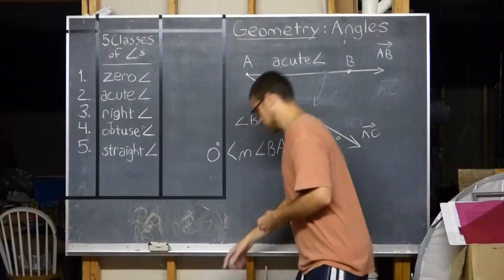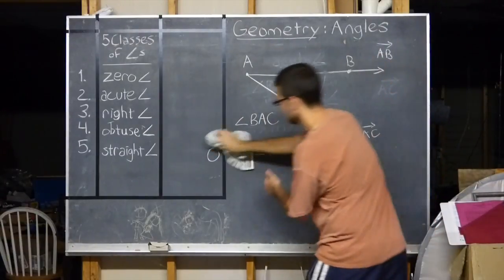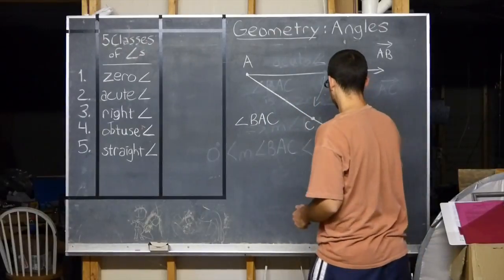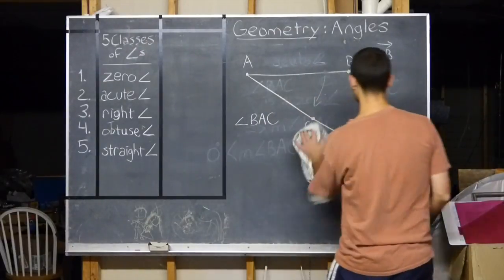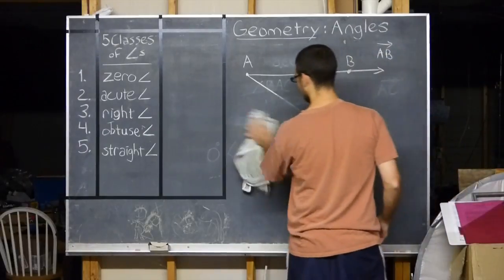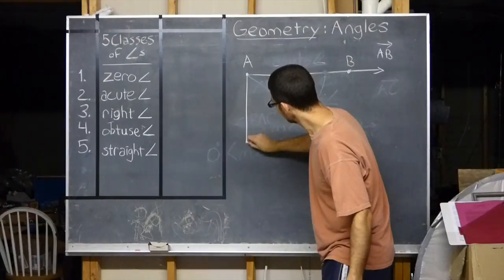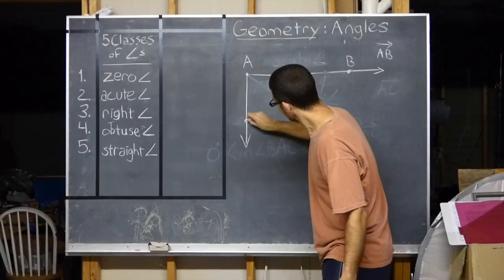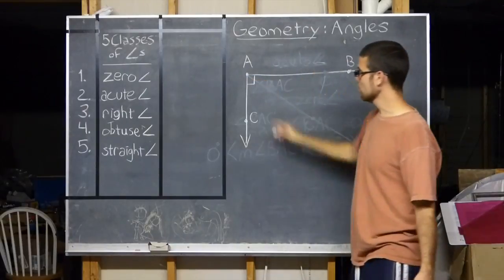Alright, so I gave away the next one. Next one's a right angle. So as soon as C gets down here, so that we can put this little symbol in the corner.